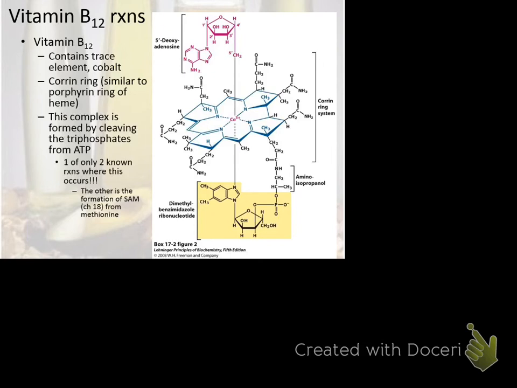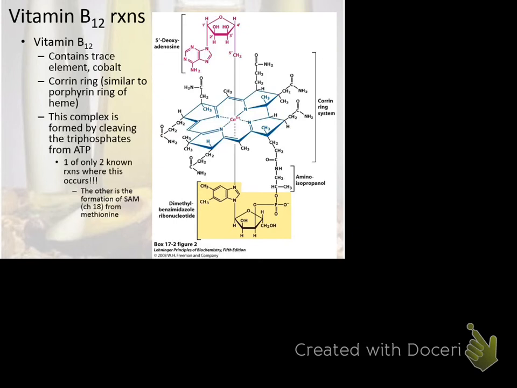This only happens two times. Normally when we hydrolyze ATP, we get either AMP or ADP as the product. Here, you just get DA added and you get a triphosphate as the other product. You have to be careful, otherwise it sounds kind of bad if you talk really fast and say that.